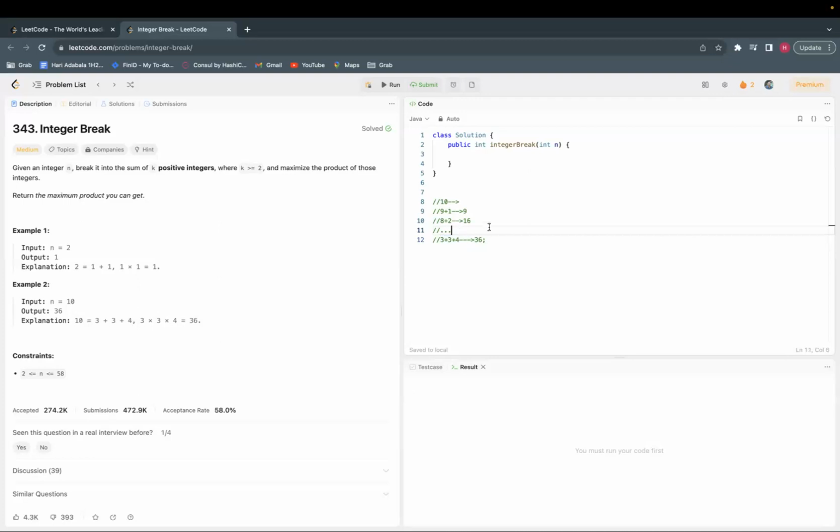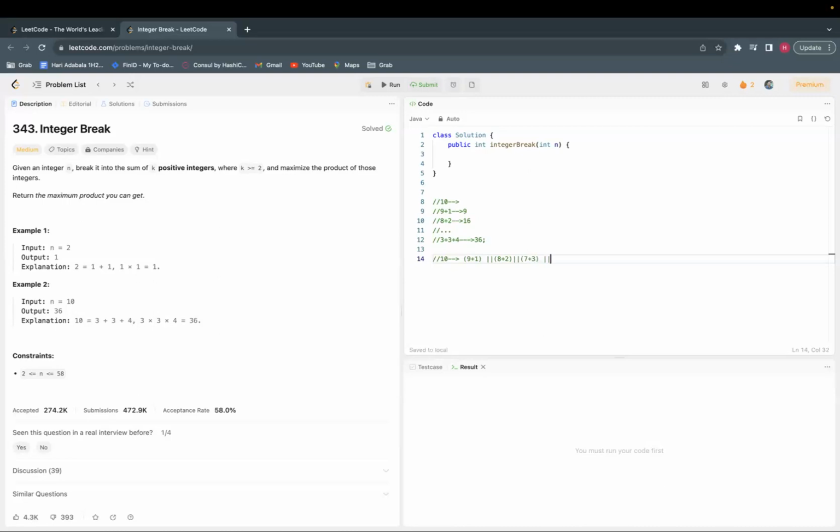So let's see. For 10, we can write it as 9 plus 1, or 8 plus 2, or 7 plus 3.